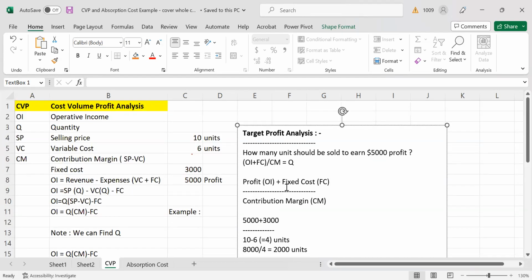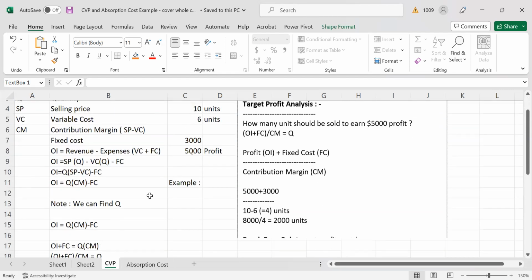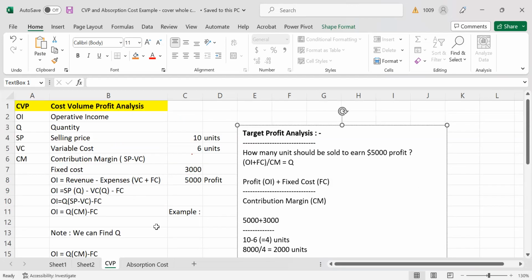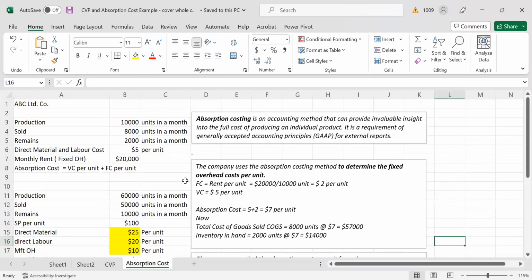So this is what we have learned, an overview of cost volume profit analysis, right? After that, I'm going to explain absorption cost. So what is absorption cost? Look at this. Absorption cost is an accounting method that can provide invaluable insight into the full cost of production and individual products.